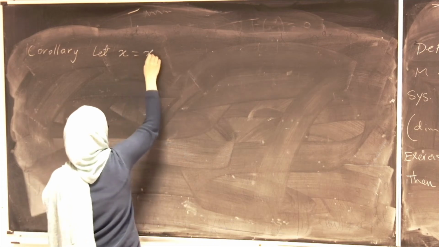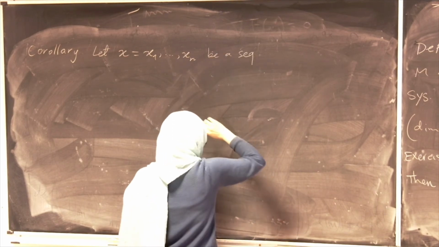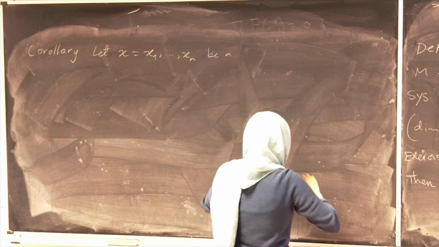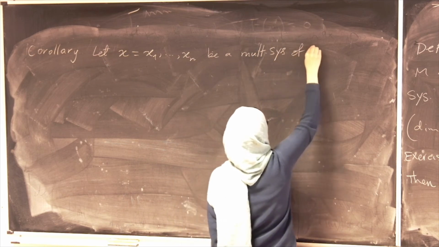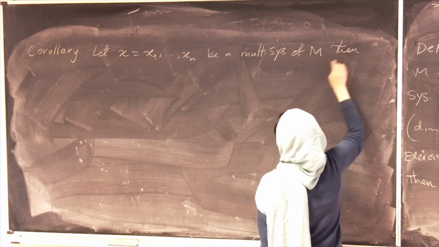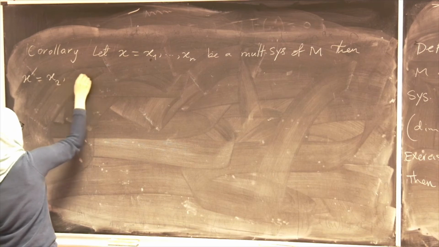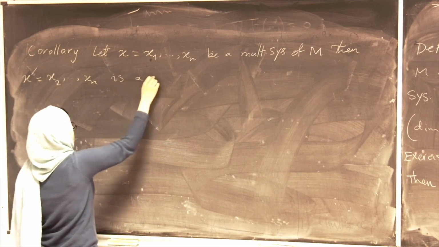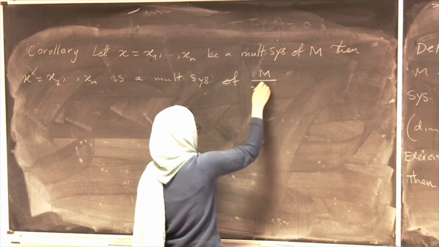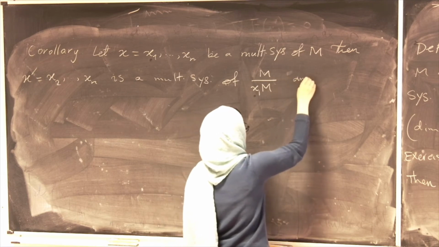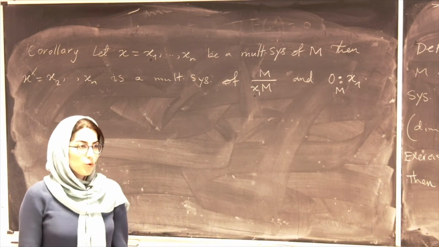Let x be this sequence x1 up to xn, a multiplicity system for M. Then if I consider x prime to be the sequence where I remove x1, so from x2 to xn, this is a multiplicity system of the quotient module M by x1M, and also for this submodule of M, the annihilator of x1 in M. This is very easy to see from this exercise.